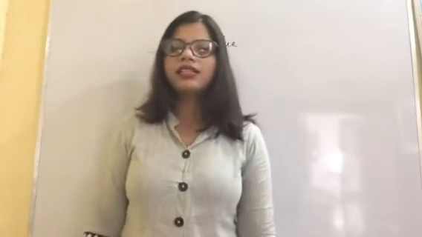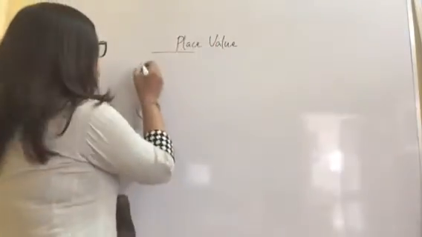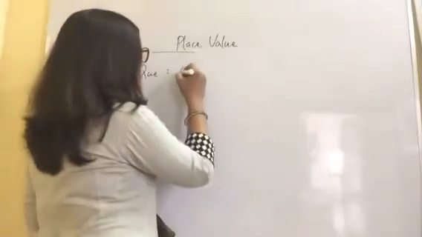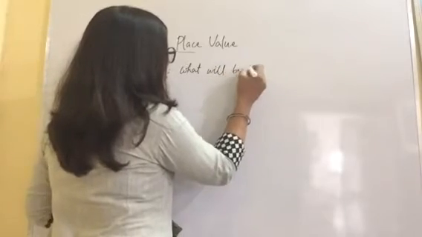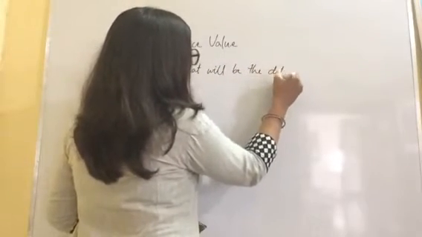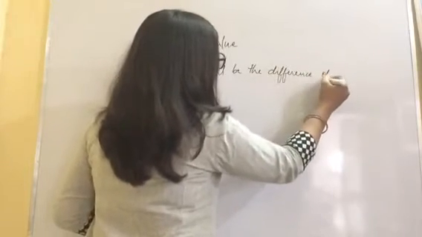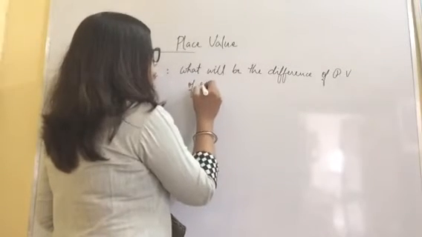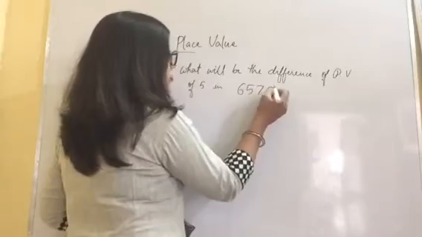Now let's discuss some word problems regarding place value, as the questions which come to you at competitive level will be like: what will be the difference of place values of 5 in 6575?